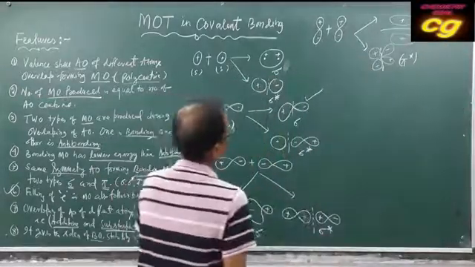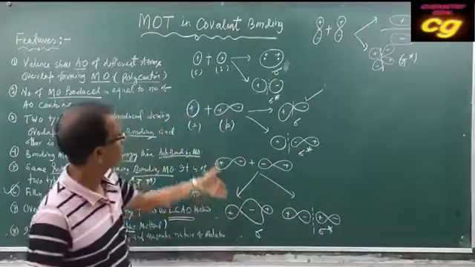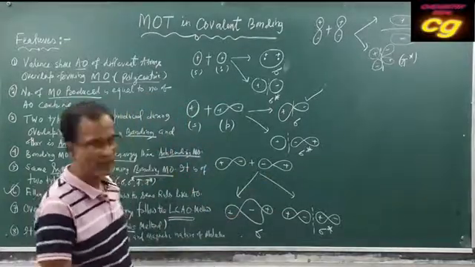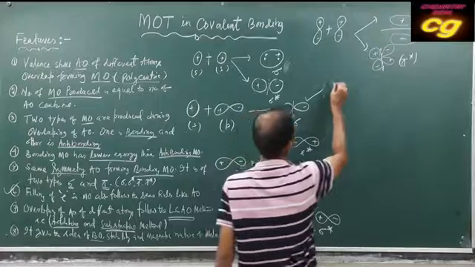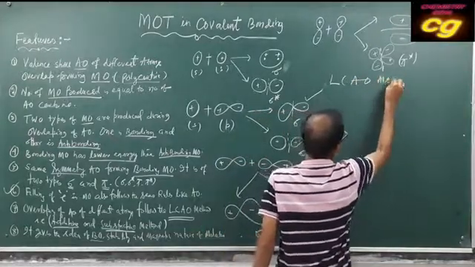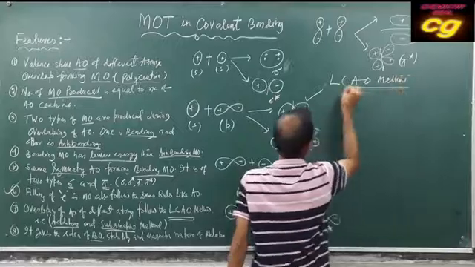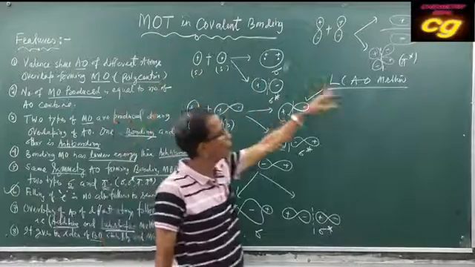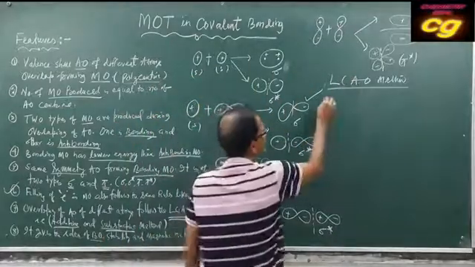So these overlapping orbitals always obey the LCAO method. As per the MOT concept, it must obey LCAO. The LCAO method has two types.